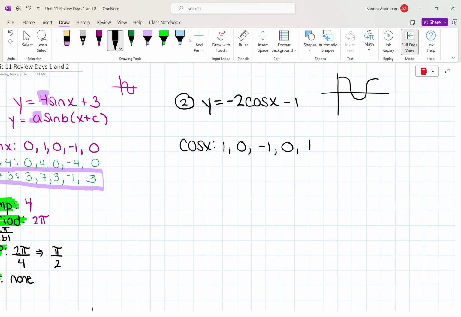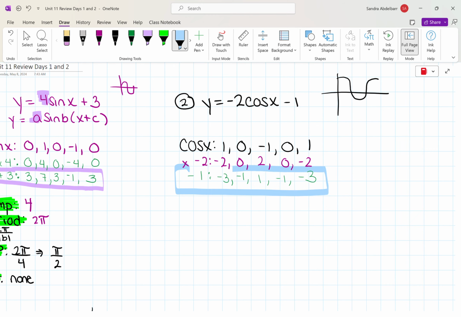But then I'm going to multiply that by -2. So then we are at -2, 0, +2, 0, -2. But then I'm going to take those coordinates and subtract 1. So when we subtract 1, we get -3, -1, 1, -1, -3. And these are the y coordinates we're going to use.